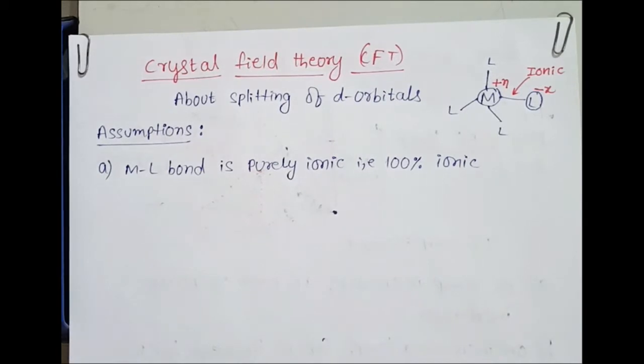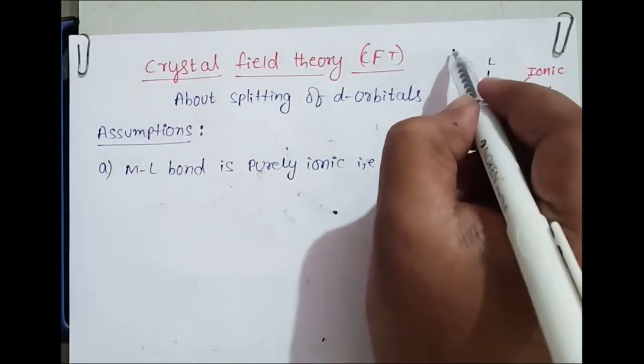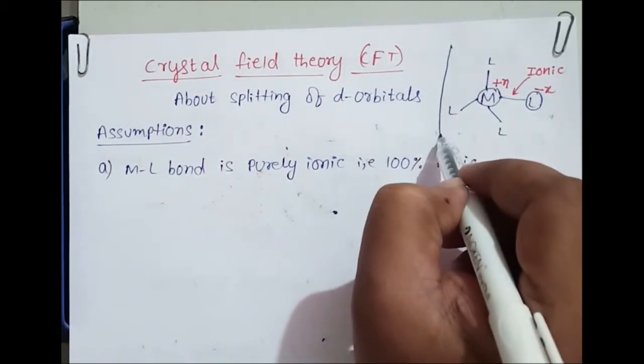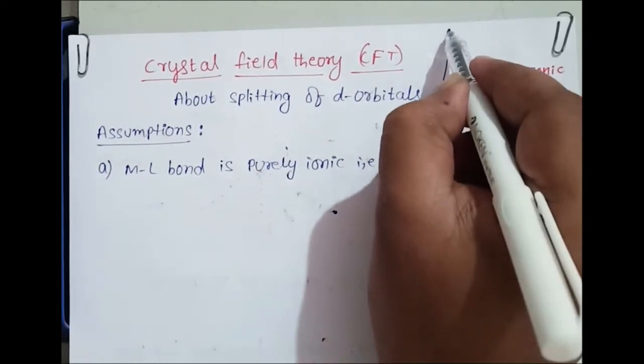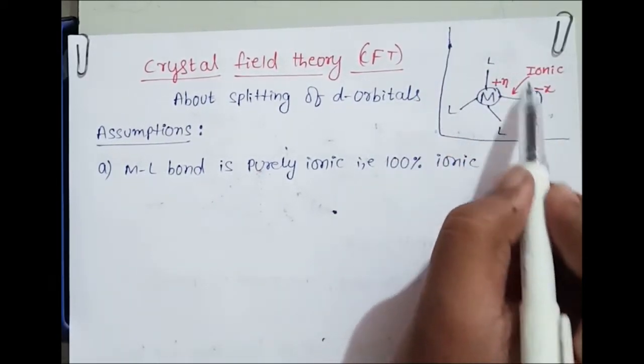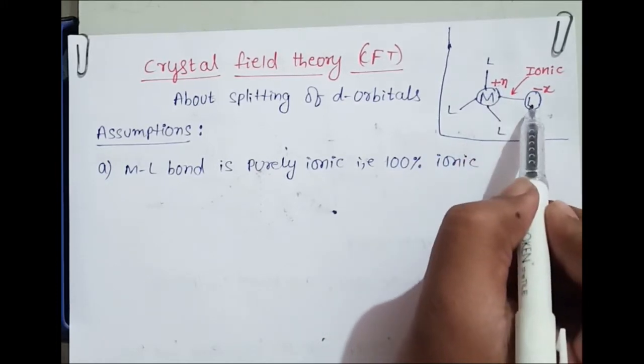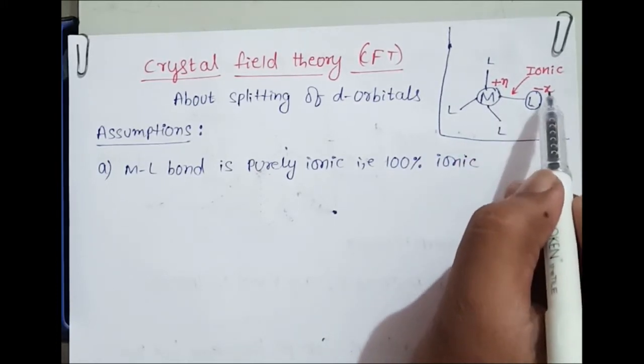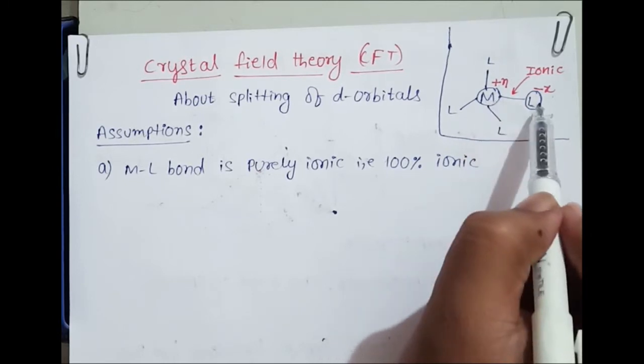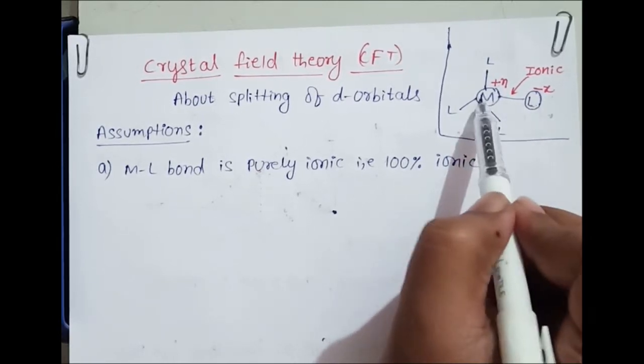Got my point here? I repeat, this is the first assumption. If you take any compound, the metal generally possesses positive charge and the ligand possesses negative charge mostly. The bond between positive and negative charge is an ionic bond.